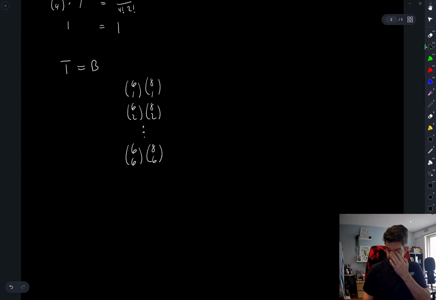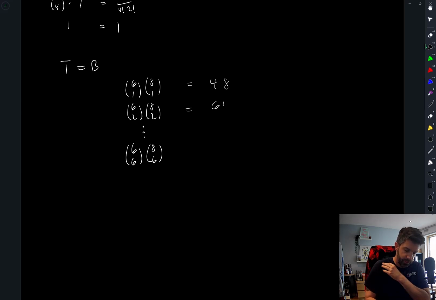Okay. And all of these ones, so this is again 48. 6 factorial over 4 factorial 2 factorial times 8 factorial over 2 factorial 6 factorial.